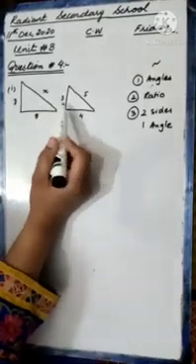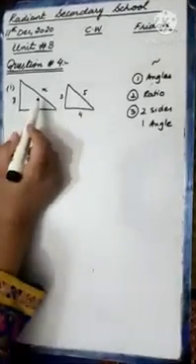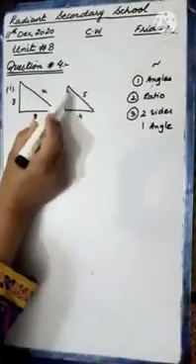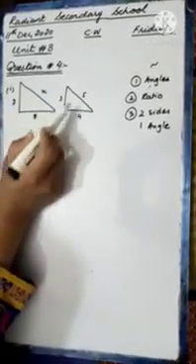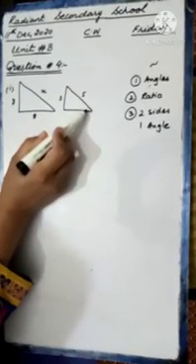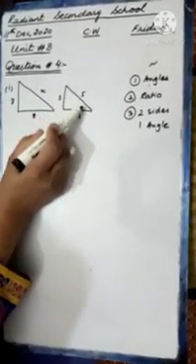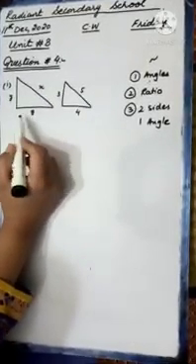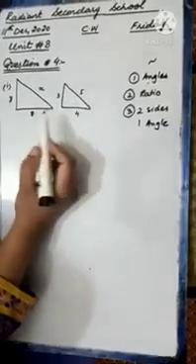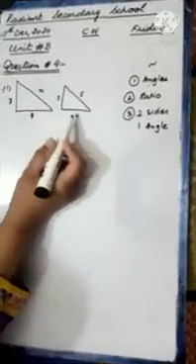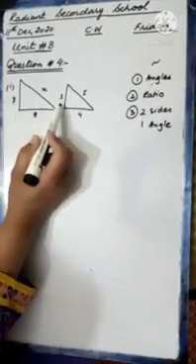With the property that the ratio of corresponding sides is equal, we can say that x over 5, as this x and this side 5 are corresponding sides, is equal to 8 over 4. Now why have I taken 8 over 4, and why am I not taking y over 3?